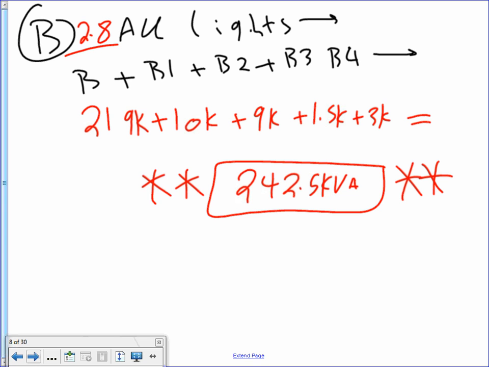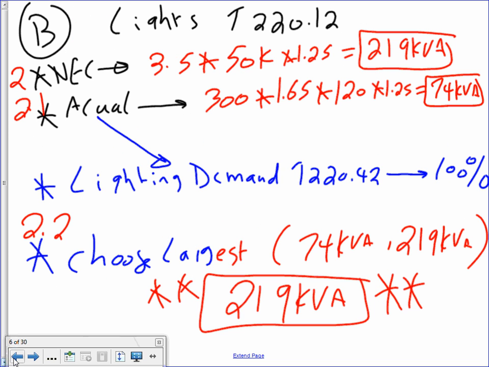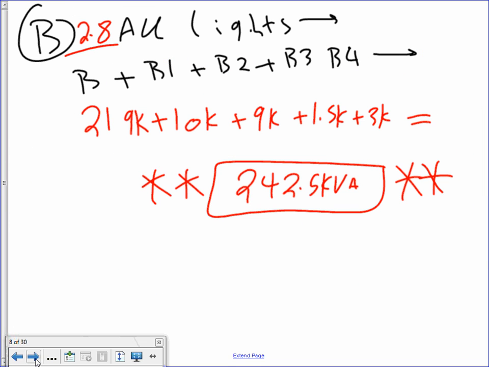Almost there. Can you guys do me a favor when you're done here? See the stars that I did here? I want to get rid of them. Anybody know why? Because we already carried this number through. I don't want to confuse you. So can you go to step number 2.2 and get rid of the stars next to it? Because I already added them, I don't want to carry them twice.